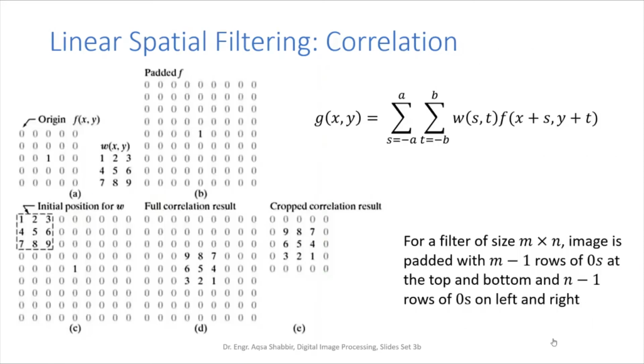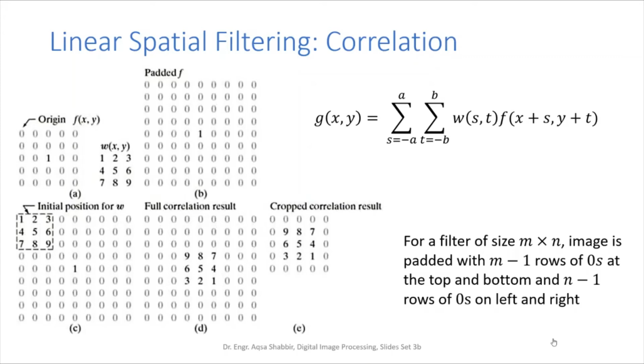The preceding discussion on the correlation of one-dimensional function f and one-dimensional filter W can easily be extended to images, which are two-dimensional functions. For a filter of size m by n, we pad the image with a minimum of m-1 rows of zeros at the top and bottom and n-1 columns of zeros on the left and right.